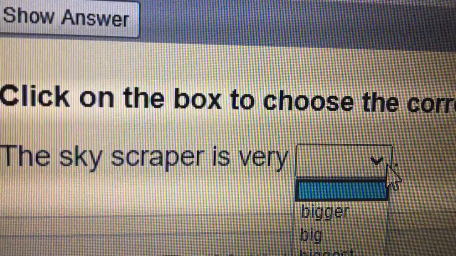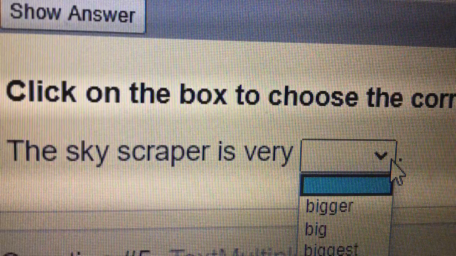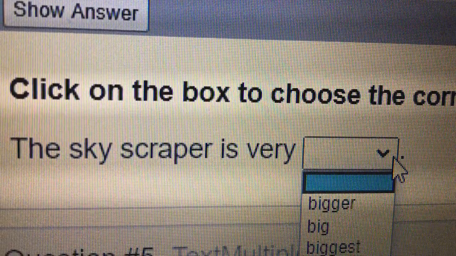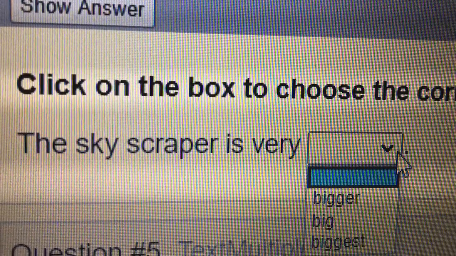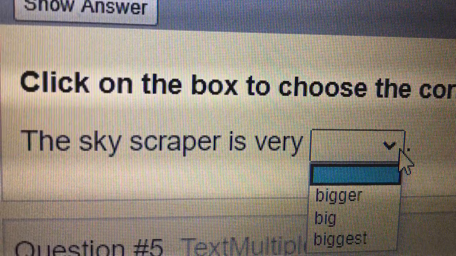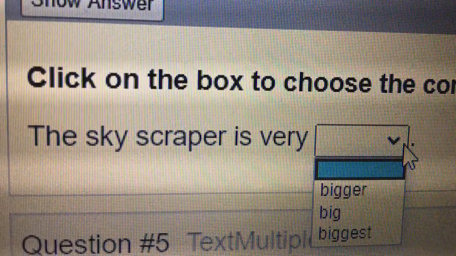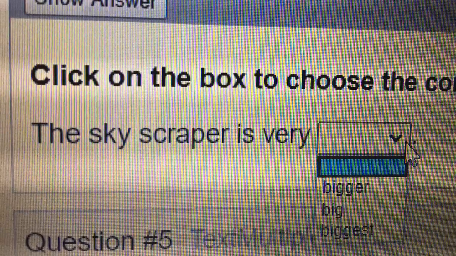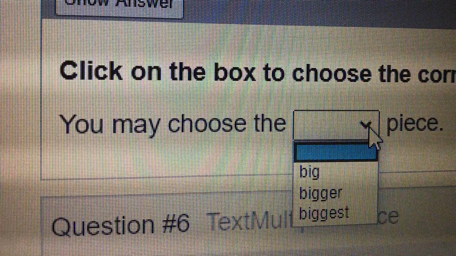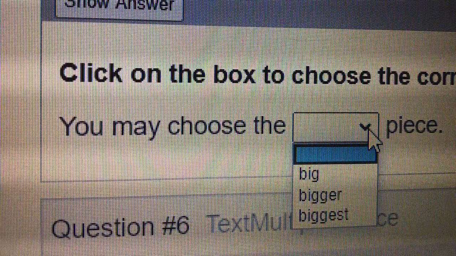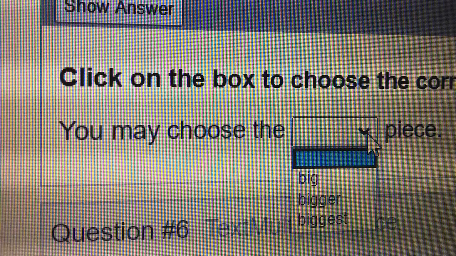The skyscraper is very bigger, big, biggest. Question 5. You may choose the blank piece. Big, bigger, biggest.